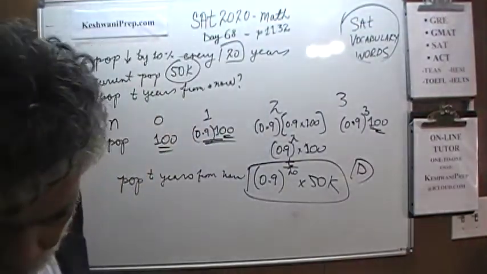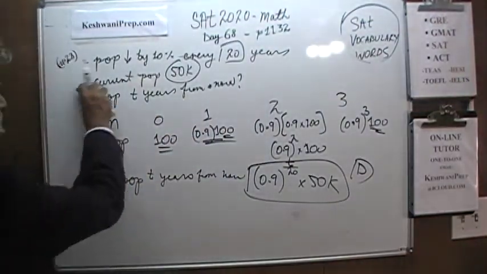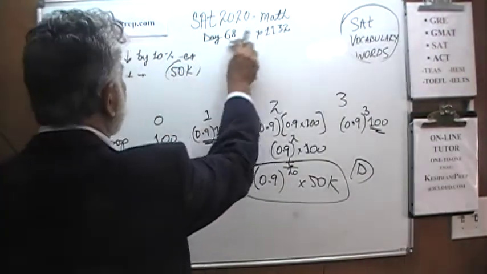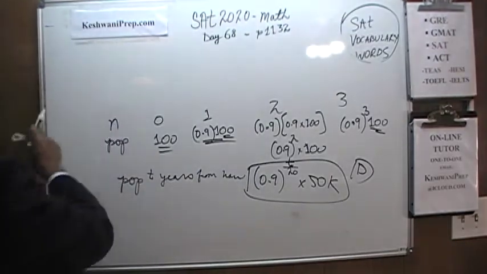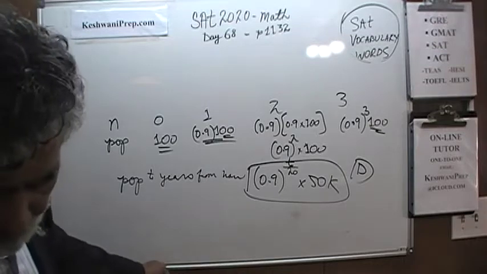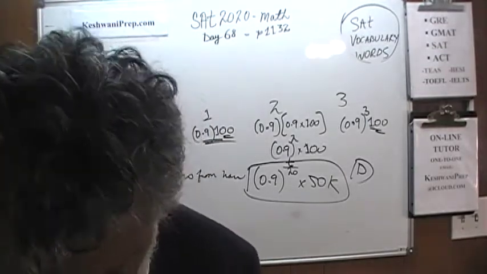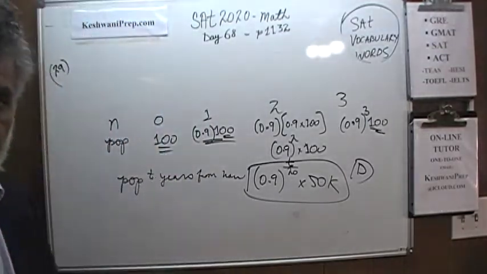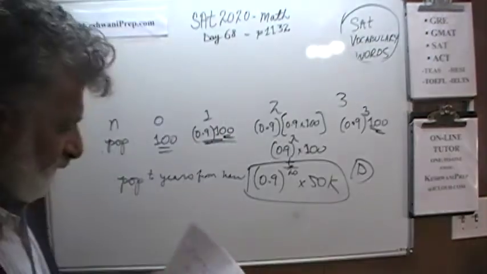Let's look at the next one, number 29. Number 29 on the next page involves writing a whole bunch of things. We have no choice but to write everything because this is what we are told.